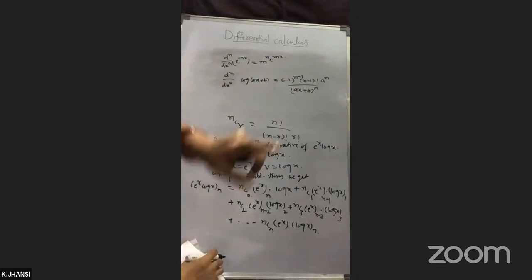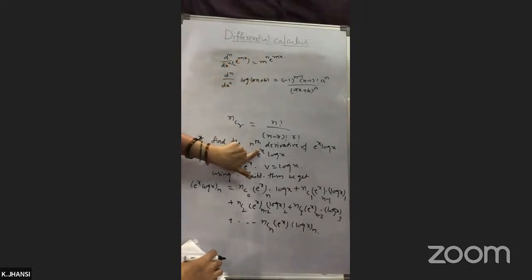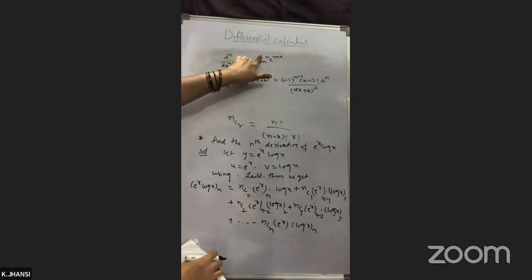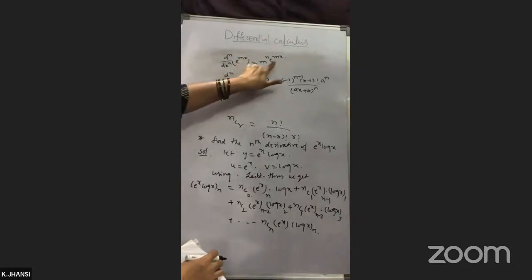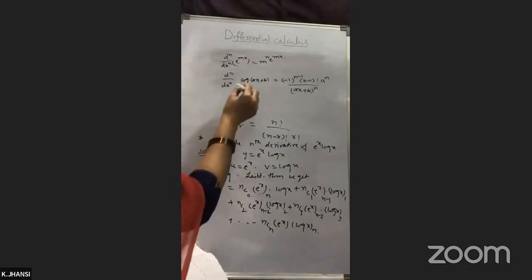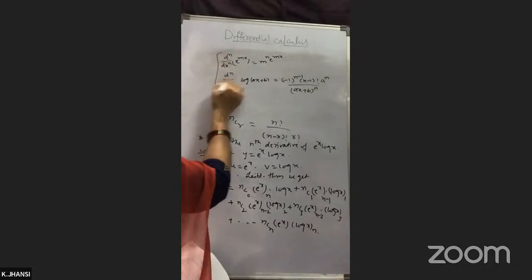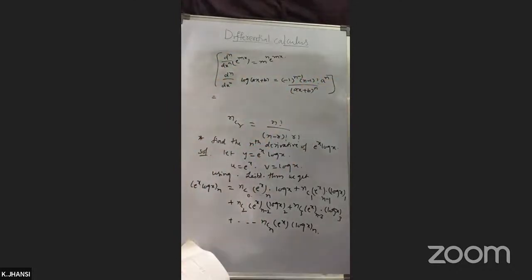So here m to the power of n, what is our m here? 1 is there. So 1 to the power of n means it will be 1 only. And e to the power of mx means e to the power of mx. So here nC0 value is 1. E power x nth derivative is e power x only. So this you will get it as, okay, these you write in the brackets.